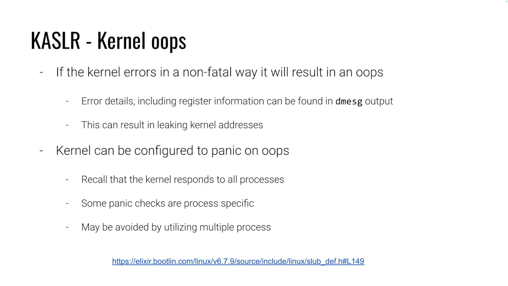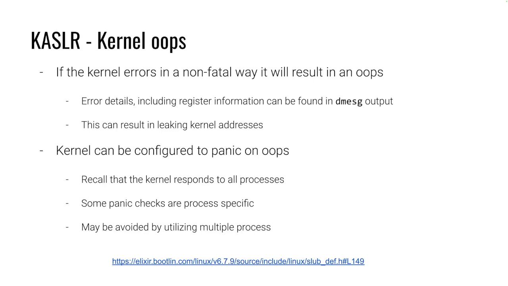So if the kernel encounters an error that it recognizes is non-fatal, it will attempt to recover from it. If the kernel is configured such that oops messages will be output, the error details, including the register information, will be printed out and accessible via dmesg.